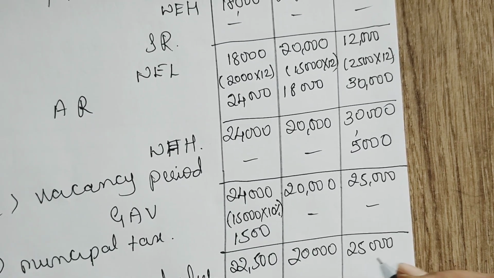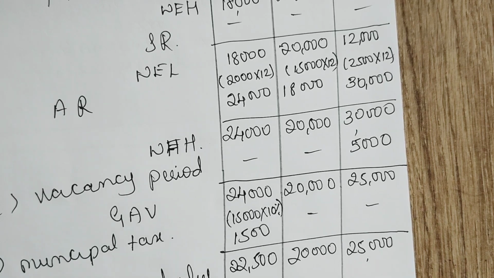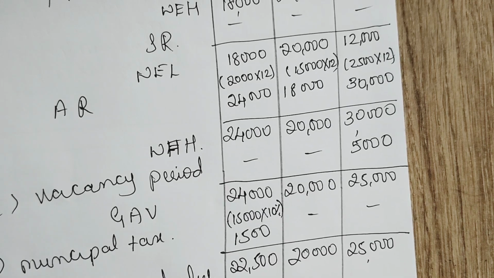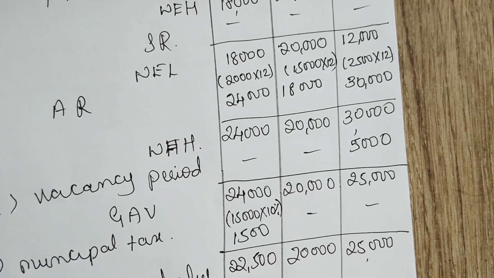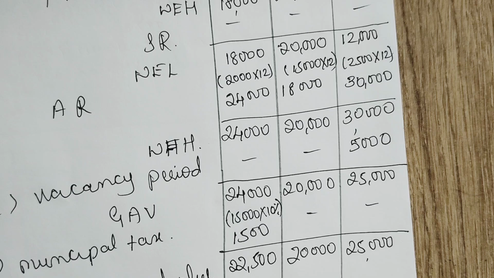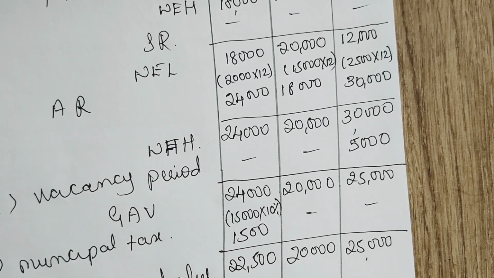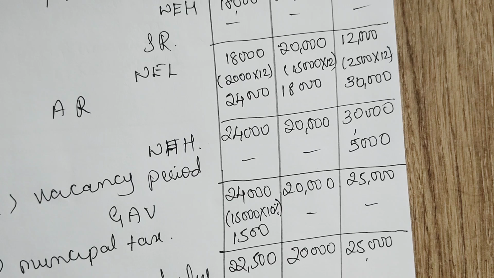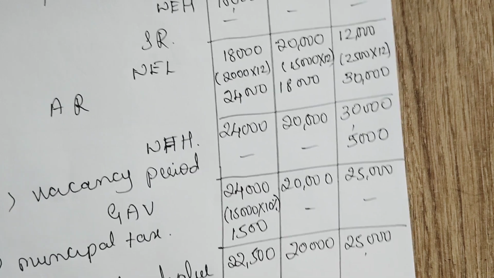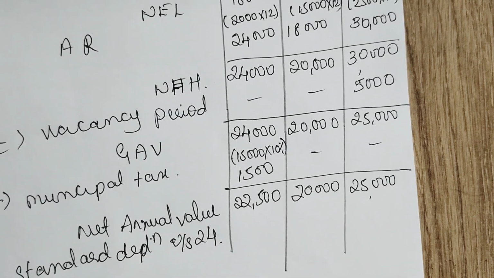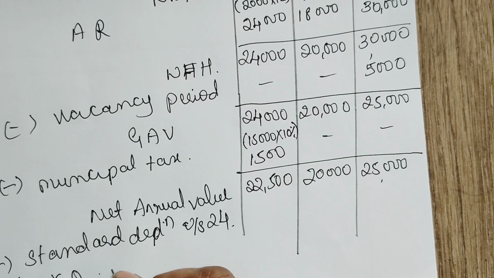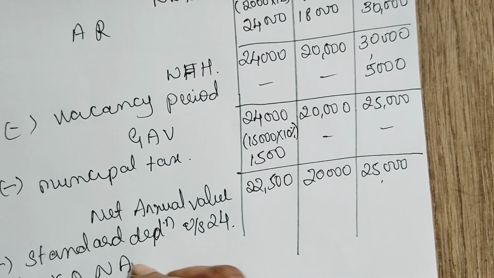Now we have standard deduction under section 24. Deductions come for house property from section 24. First one we have 30% of NAV, net annual value.